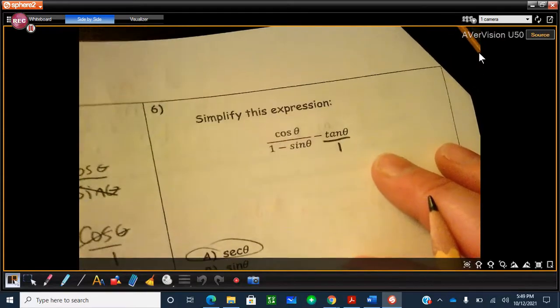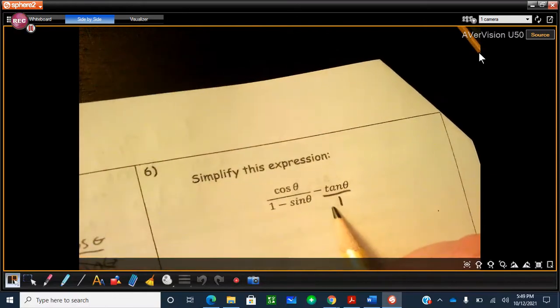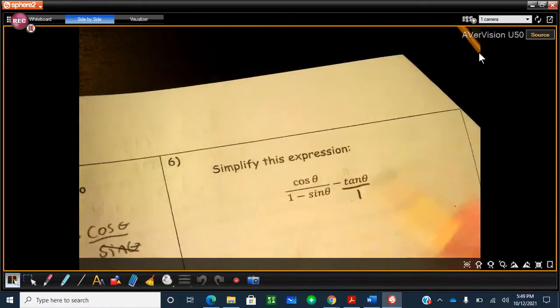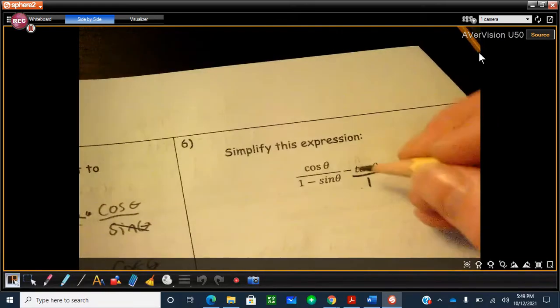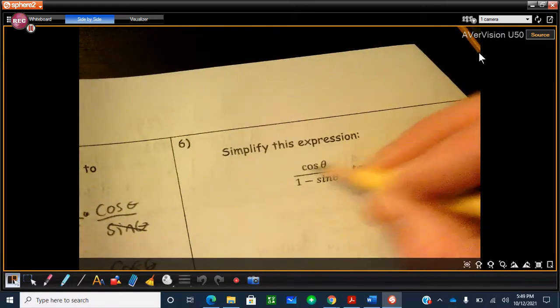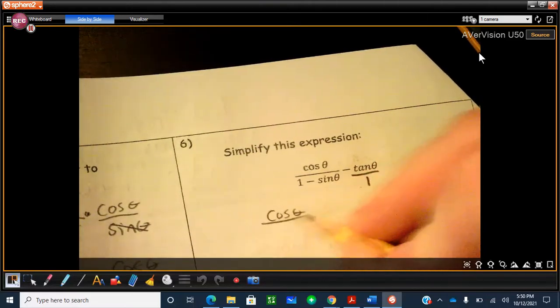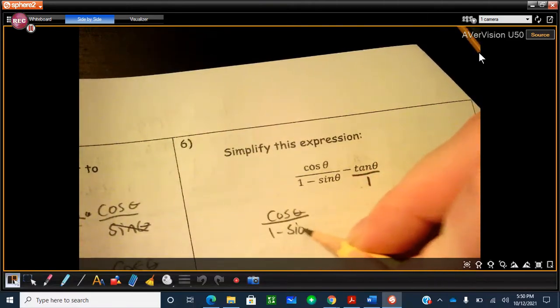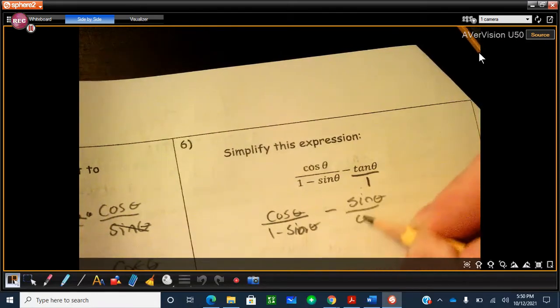Now, if I do it the long way, which is really what we should be practicing, we want to make these denominators the same. So originally, because these are cosines and sines, I'm going to write this as cosine of theta over 1 minus sine of theta, minus sine theta over cosine theta.